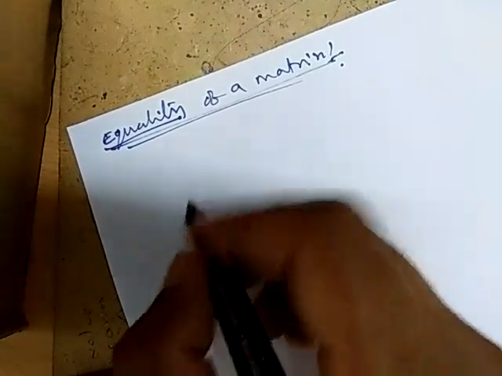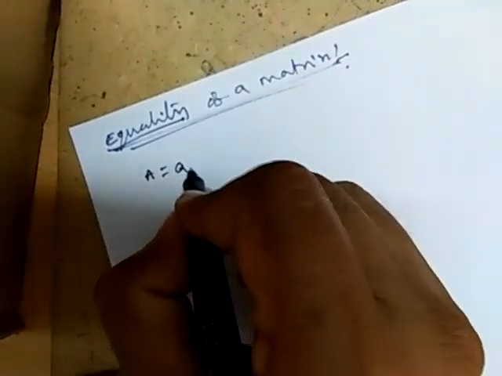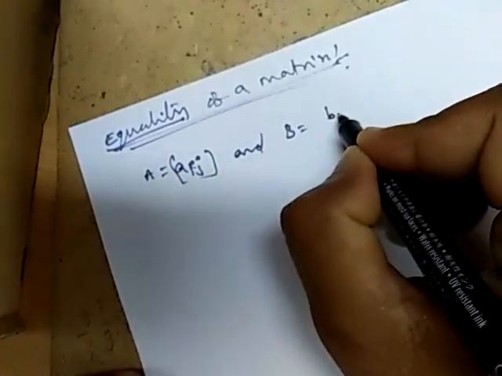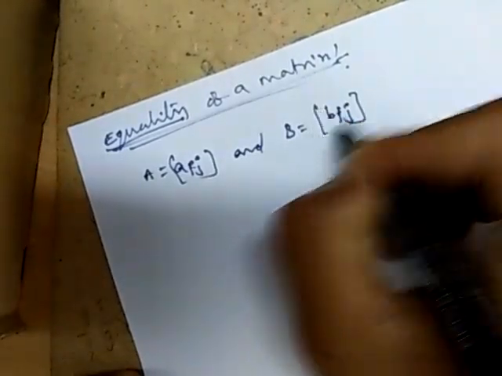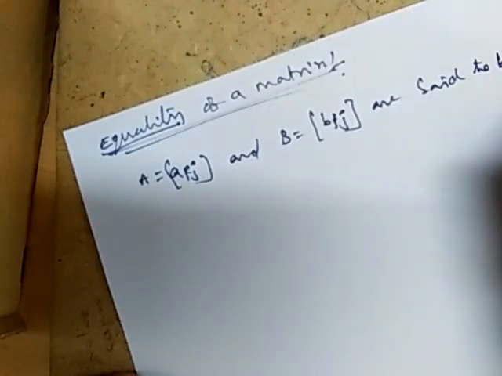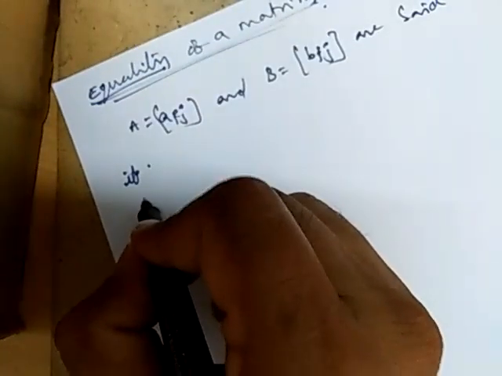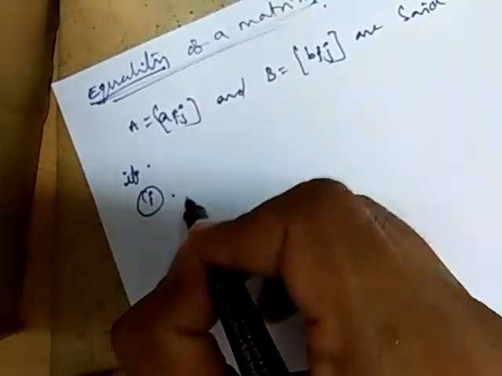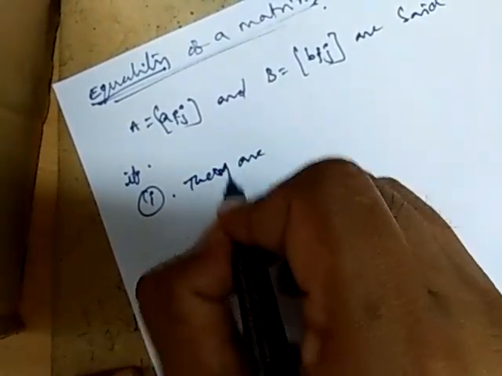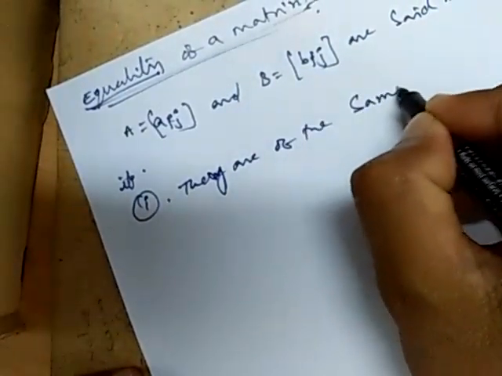So I am taking two matrices, matrix A, Aij, and matrix B, Bij. They are said to be equal if they satisfy two conditions. First, they are of the same order.